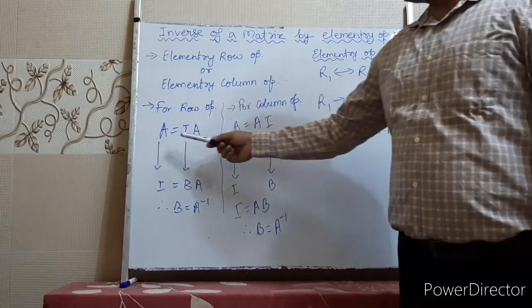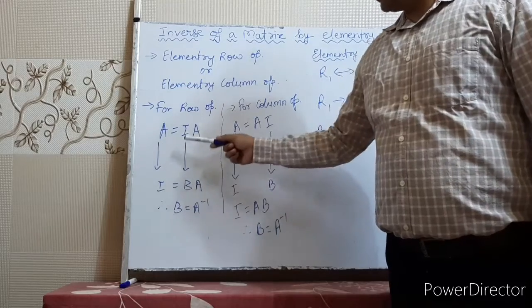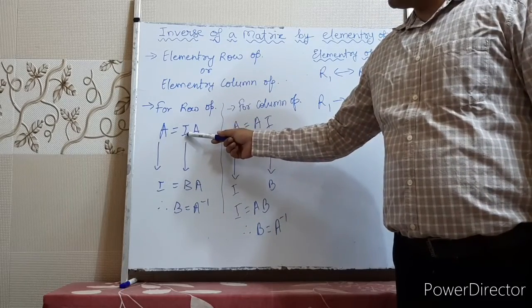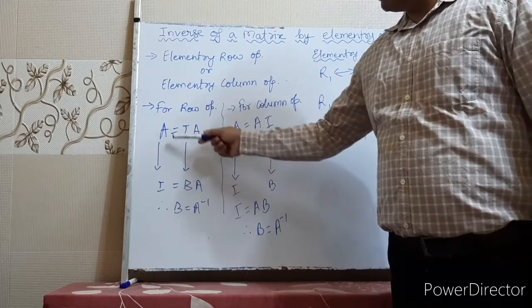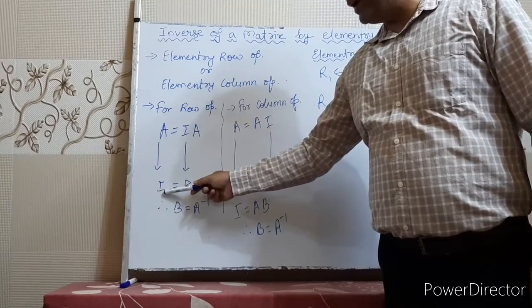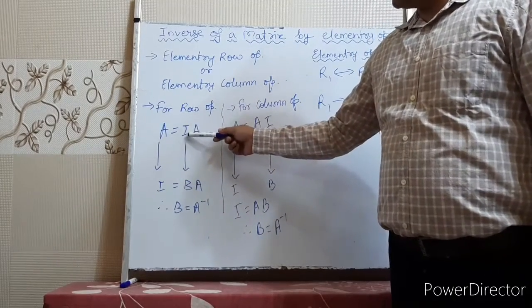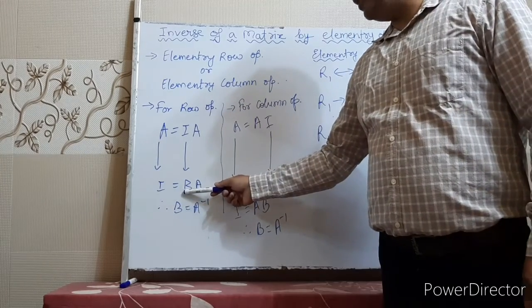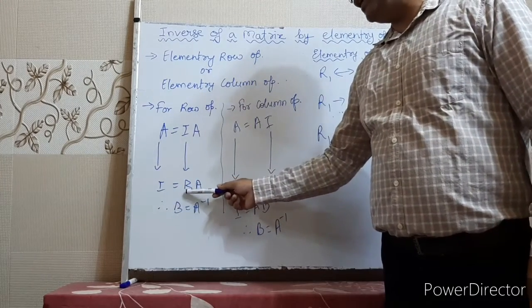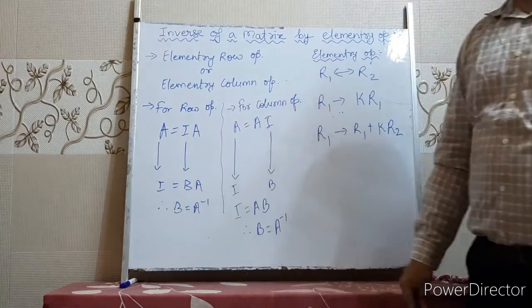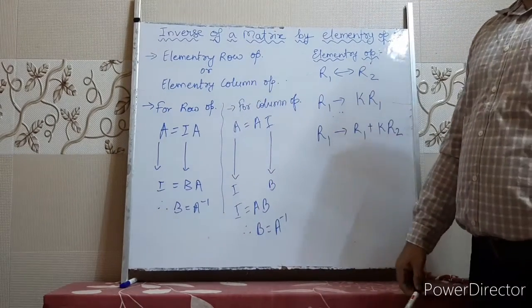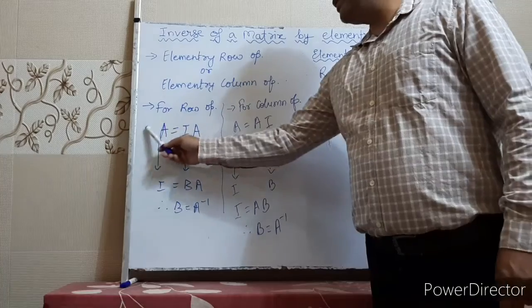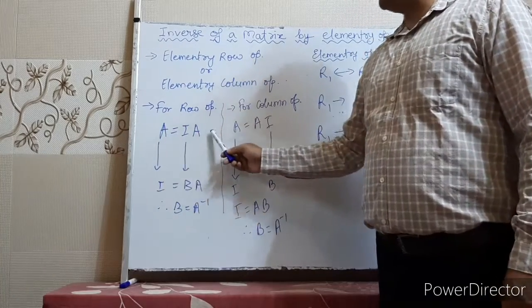We apply the operation in matrix A and we apply the same operation in the identity matrix. When A converts into the identity matrix and I converts into some matrix B, so that BA equals I, then we can say that B is the inverse of A. Children, please remember this is the format for row operations.